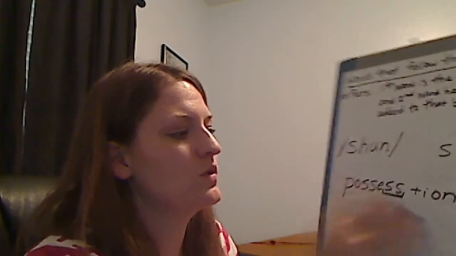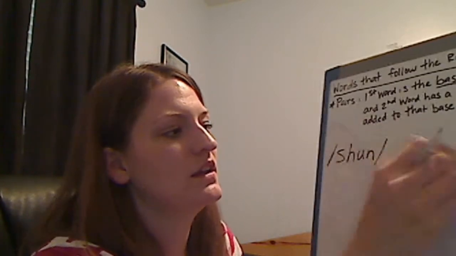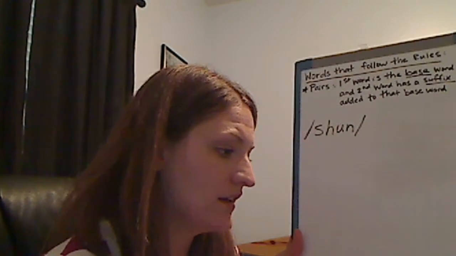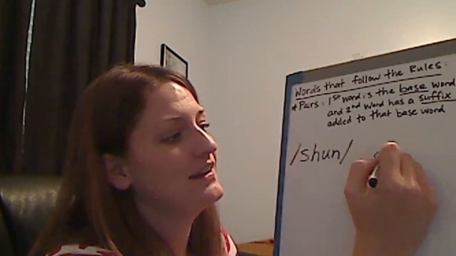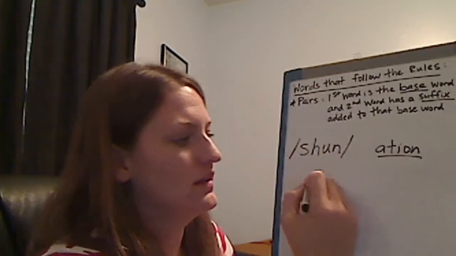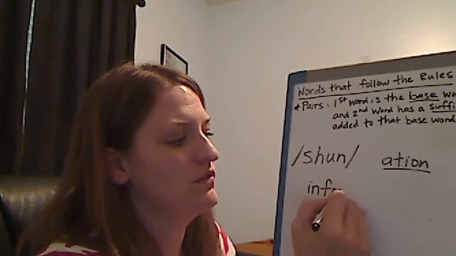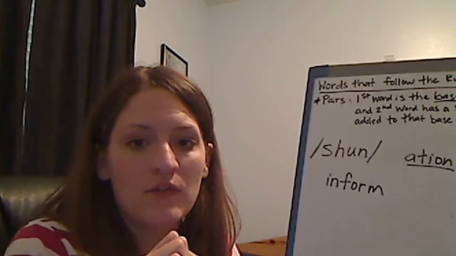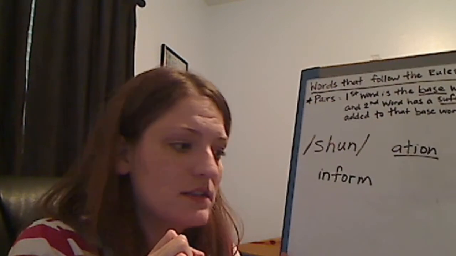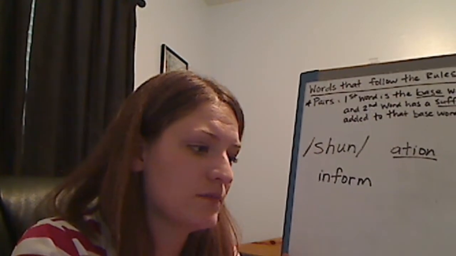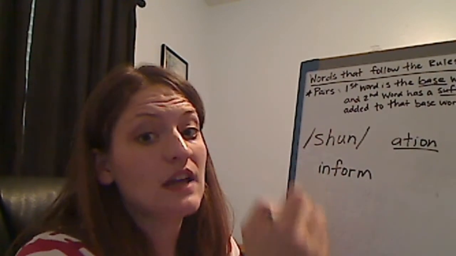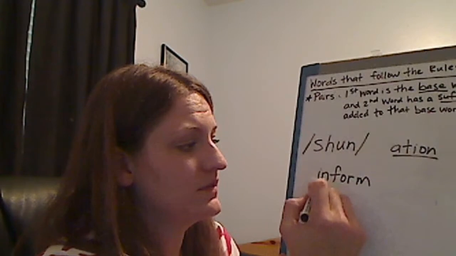Now there's one more instance when you might have the suffix shun, and you're actually going to add ATION in this case. So look down your list, and we're going to find the base word inform. Now inform is a base word telling us that you're going to tell somebody about some information. Now, see how I changed that to information?